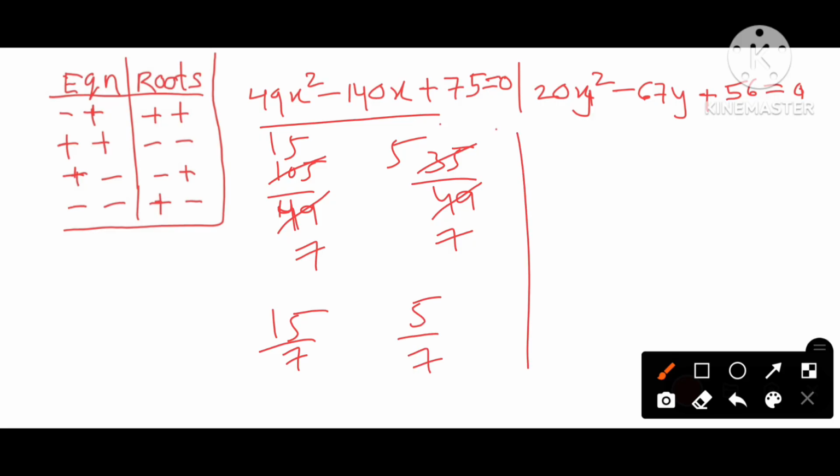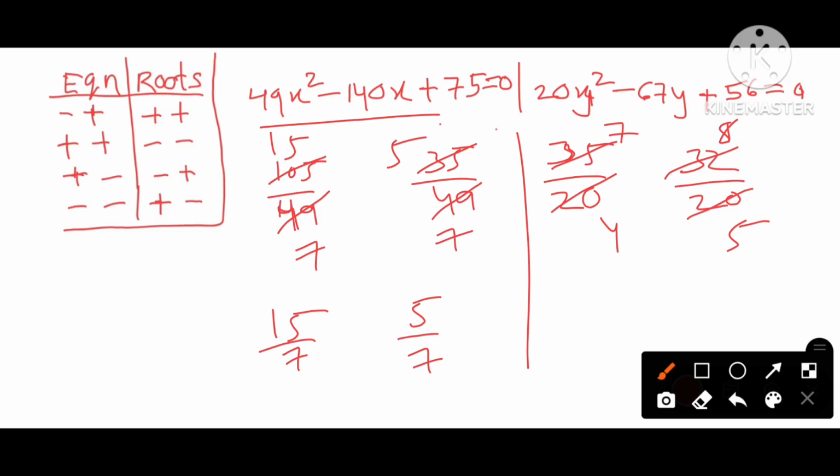In the y equation, the roots we got are 35 divided by 20, and 32 divided by 20. So 5 times 7, 5 times 4, 8 times 4, 4 times 8, and 4 times 5.